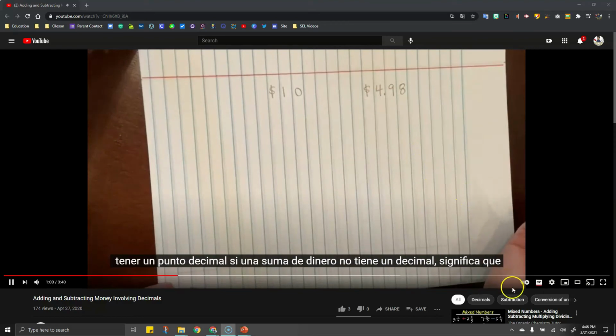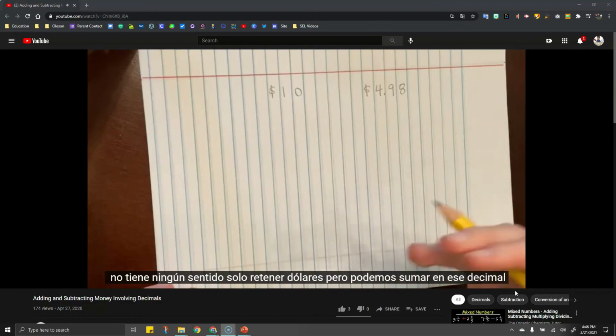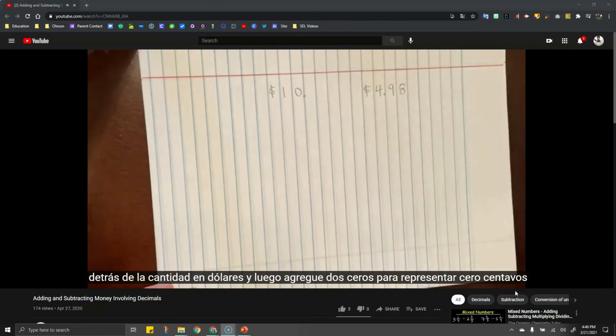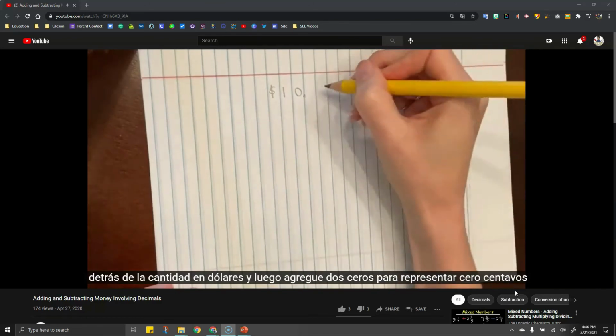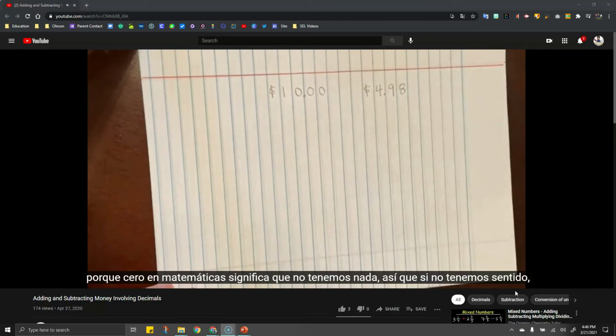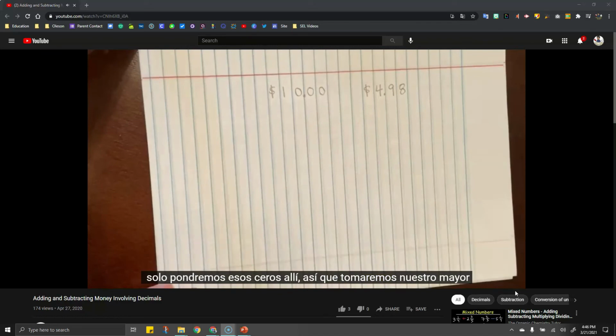If a sum of money does not have a decimal, it means that it does not have any cents, only whole dollars. But we can add in that decimal behind the dollar amount and then add 2 zeros to represent 0 cents. Because 0 in math means we have nothing. So if we have no cents, we're just going to put those zeros right in there.